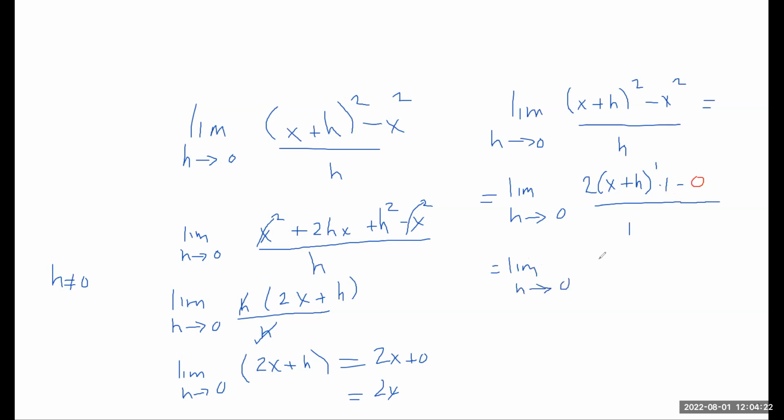So as h approaches 0, I'm going to clean this up a little bit. The numerator is just 2 times x plus h. And the denominator is 1. As h approaches 0 here, I can directly substitute for that and get 2 times x plus 0, which is 2x.